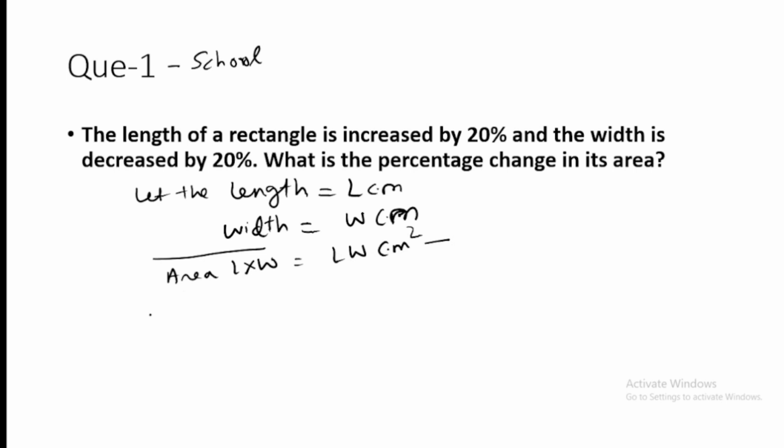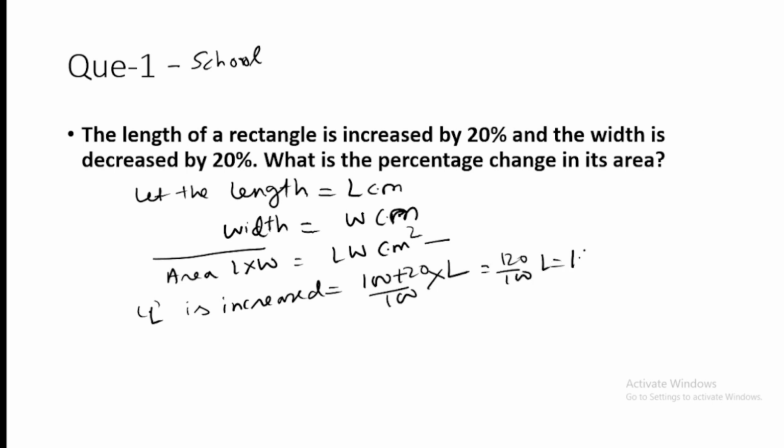Now what happens? We are given that the length is increased by 20%. So 100 plus the percentage increase, divided by 100, into L will be the new length. It is nothing but 120 by 100 of L. This is 1.20 L. This is the new length.